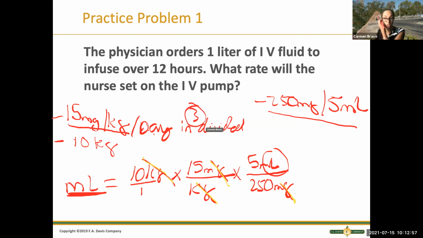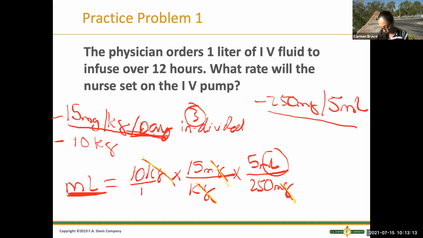So I'm going to do the problem per day, but the doctor wants me to give it in 3 divided doses. And my question is, what will the dose be? How much would you give to the patient in one dose?